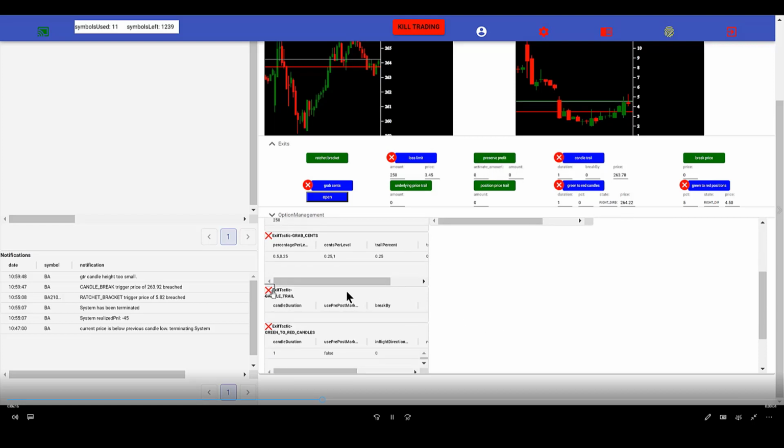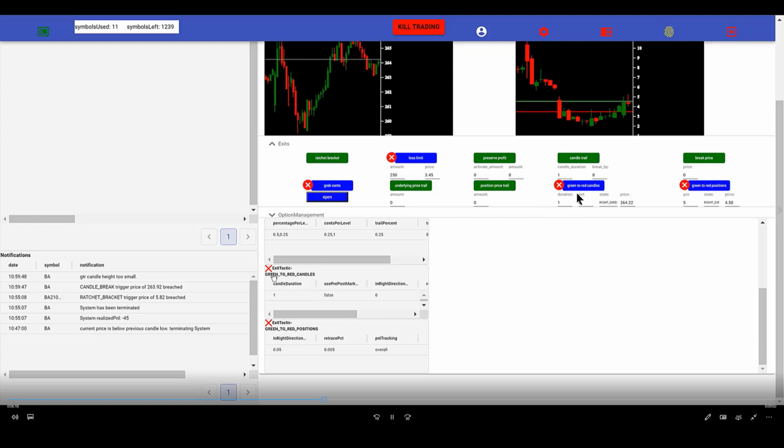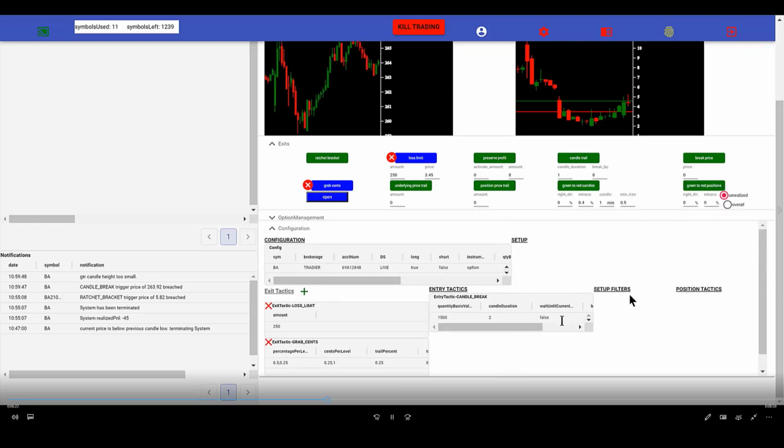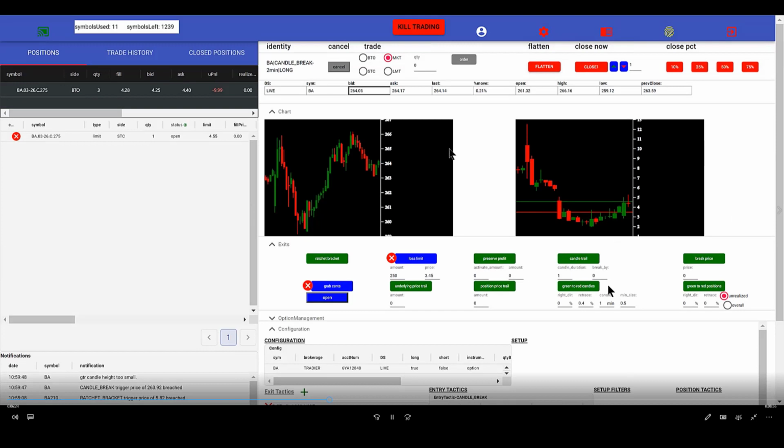So I am removing some of the more cautious exits because I just have a feeling that Boeing is about to break out here. So rather than getting taken out on a small dip, I have basically removed the seatbelts and the airbags, and I'm just hoping that we're going up.